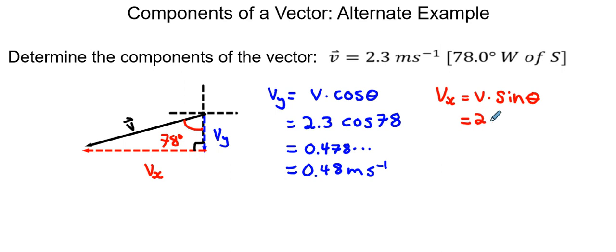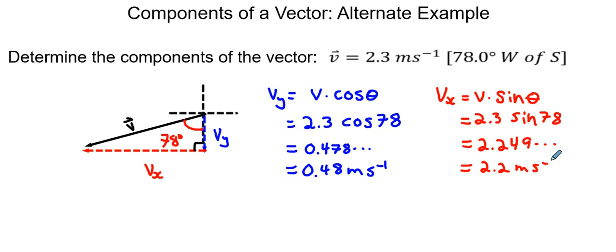This will be 2.3 sine of 78 degrees, which, again, I would leave if I'm going to do other work. Otherwise, I would write down an unrounded version of this. I like to use the ellipses indicating that it continues on, and I would round this also to 2 significant figures. And this would be meters per second.